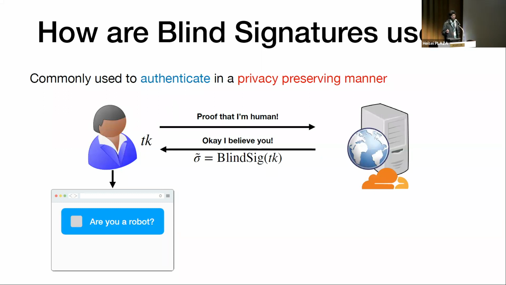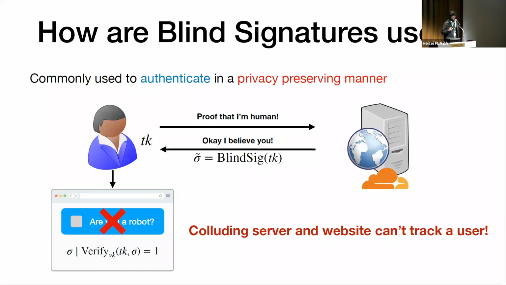So now what's going to happen is Alice is going to sample a random nonce TK, and she's going to get a blind signature on this. And what she's going to do is she's going to give a signature on TK to the website, and she's going to say, hey, look, Cloudflare would have only issued me this blind signature if I proved to it that I was human. And because you also trust Cloudflare, you should trust that I'm human as well. And then the website's going to say, OK, fine, you can access this website without solving the CAPTCHA.